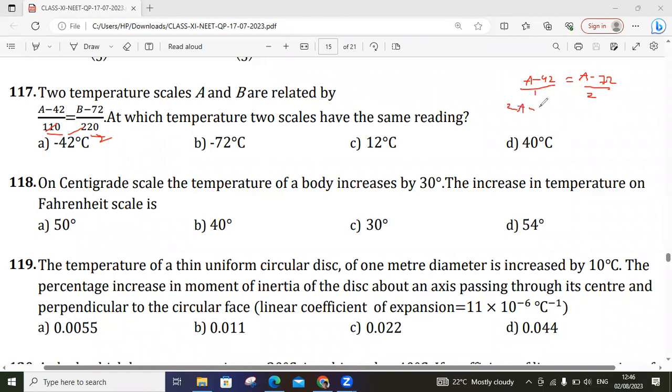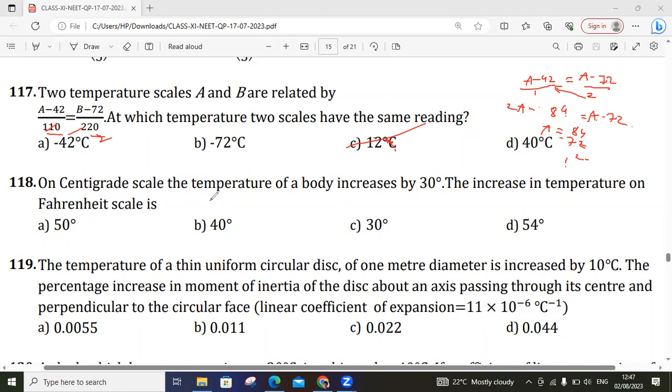So 2A minus 42 into 2 is 84, equal to A minus 72. So A take this side and this 84 will come this side. 84 minus 72 is 12 degrees Celsius.